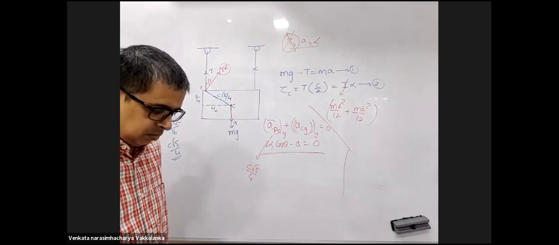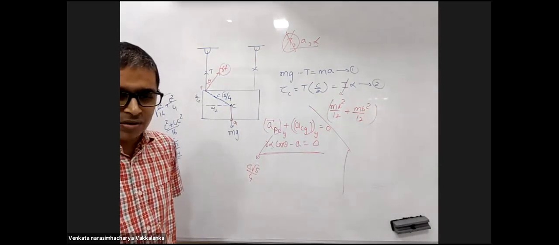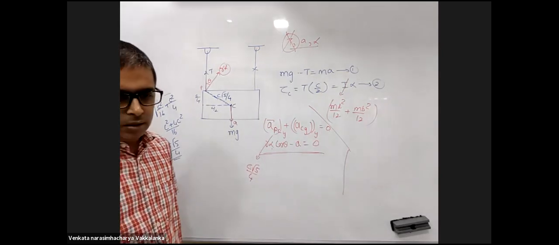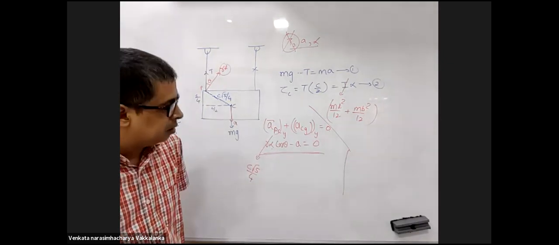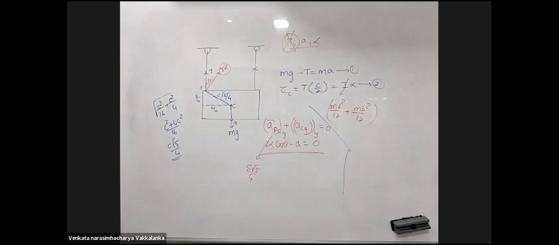Sir, is it 24g by 17c and 12g by 17? I don't know the answers. Check your booklet, it is question number 22. Sir, I'm getting a in terms of c.